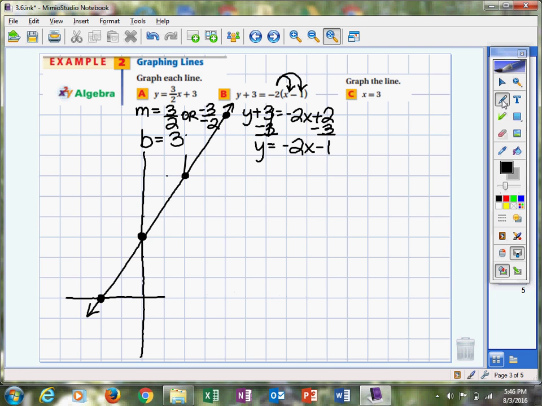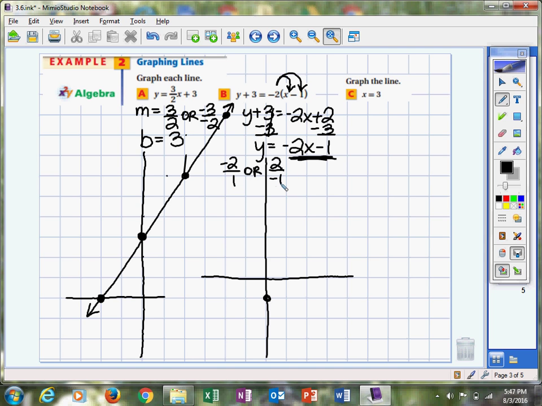I'm going to hand draw it two different ways. So let me start here. That'll be fine. Okay. So based on slope-intercept form, I need to start at negative 1. Now my slope is the integer negative 2. I can write that as negative 2 over positive 1 or positive 2 over negative 1.